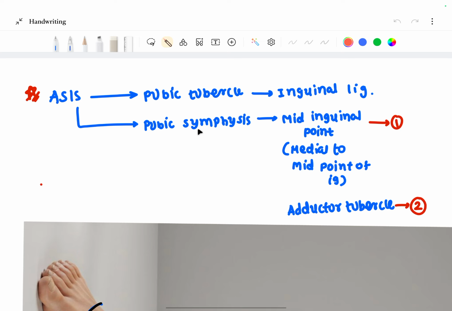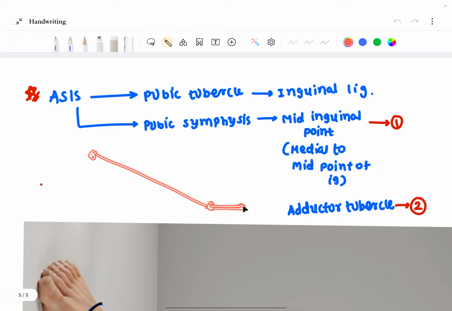If this is an inguinal ligament, drawn like this, and if we extend it, here is your pubic tubercle.